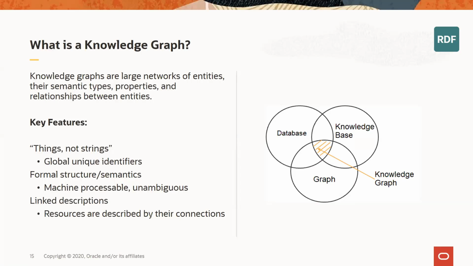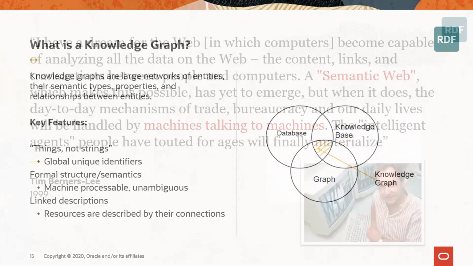And each one, this non-literal, is assigned a globally unique identifier, making use of URIs. The other key difference is the use of formal structure and semantics. In a knowledge graph, as I mentioned earlier, it uses natural language representation, which makes it easier to understand, but also easier to query. And maybe if you go to the next slide, Hans, that would be great.